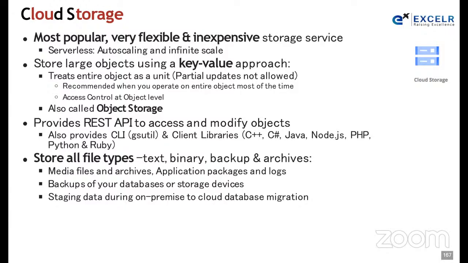Cloud storage is completely serverless, wherein it can auto scale the storage requirement, the size, the performance, and so on. And it can provide you infinite scale in terms of the storage capacity. This is similar to other cloud storage providers, which also offer you infinite scale of size.